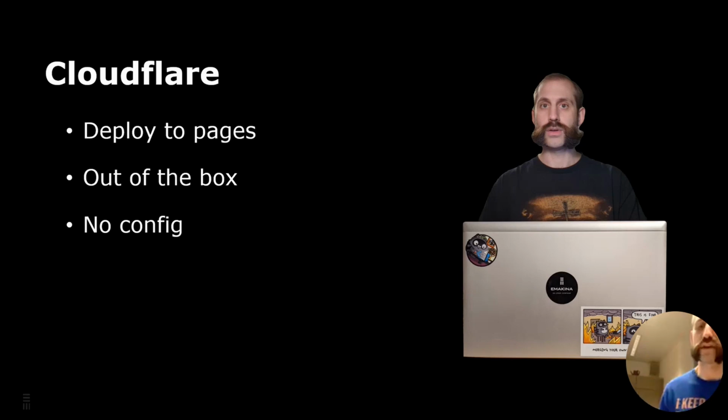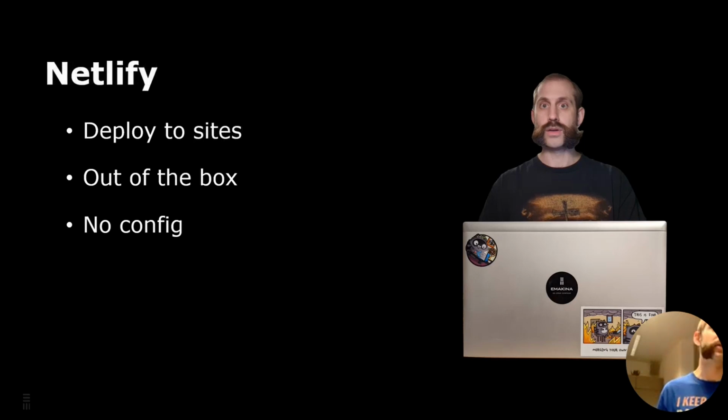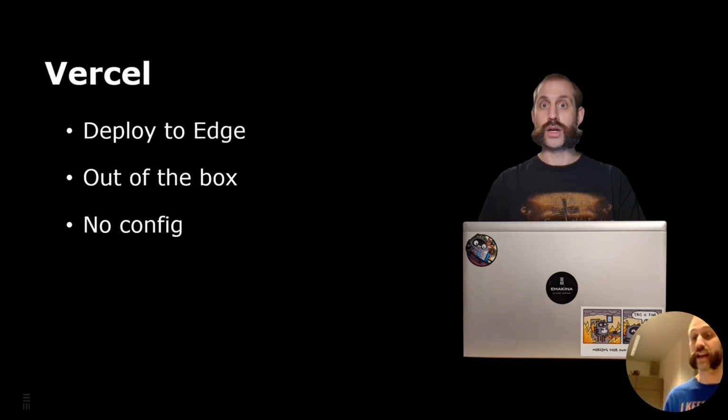It can deploy to Cloudflare Workers out of the box, no configuration. It can deploy to Netlify out of the box, no configuration. What? It can even deploy to Vercel. It can deploy to the edge with Vercel out of the box, with minimal configuration.